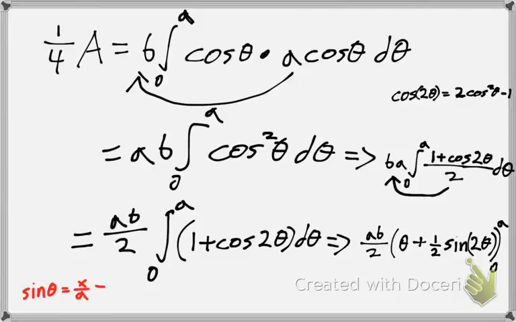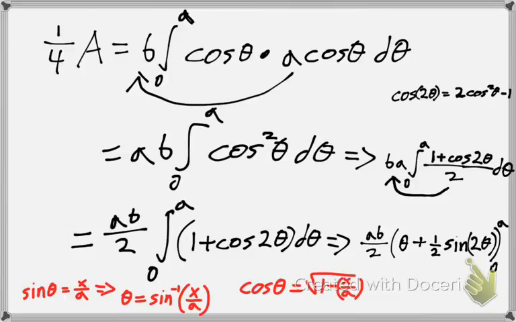We'll now shift that to be that theta is equal to arc sine of x over a, and cosine theta, we'll use that in a second, is equal to root 1 minus x over a squared. Because sine 2 theta is actually a trigonometric identity, which is equal to 2 sine theta cosine theta. And we're going to have to do that on the next slide again.